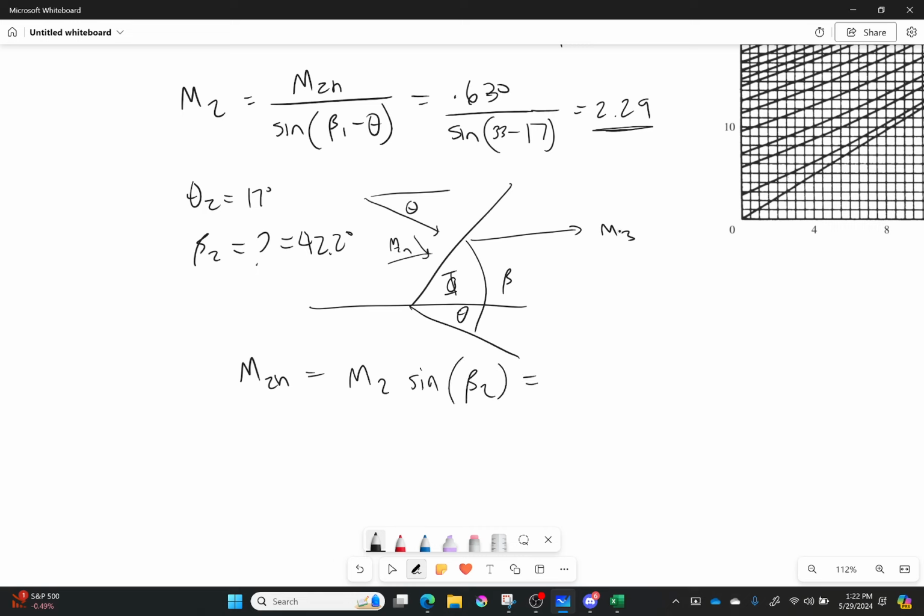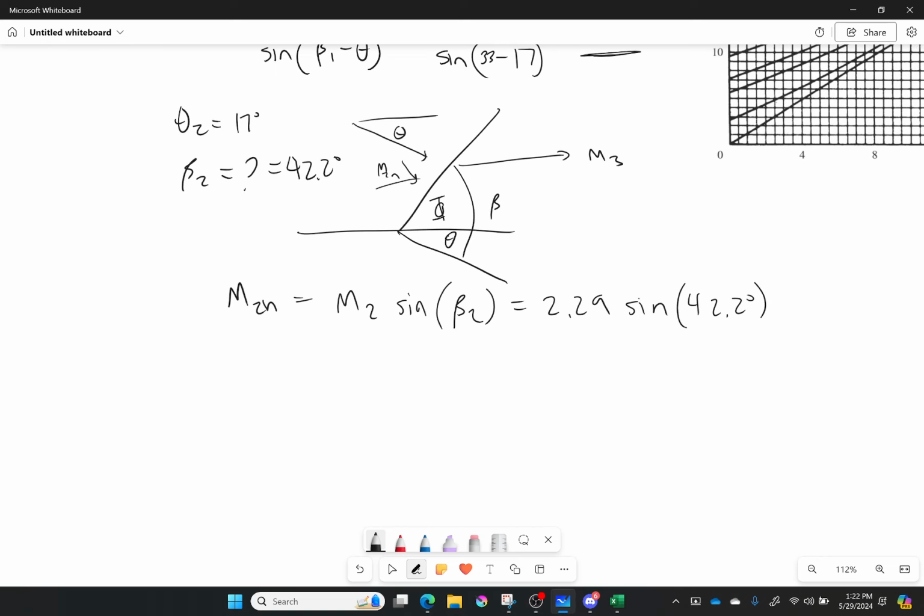That'll be equal to 2.29 sine of beta 2, which is 42.2 degrees. And so with that, I would get that my second normal Mach number is going to be equal to 1.54.